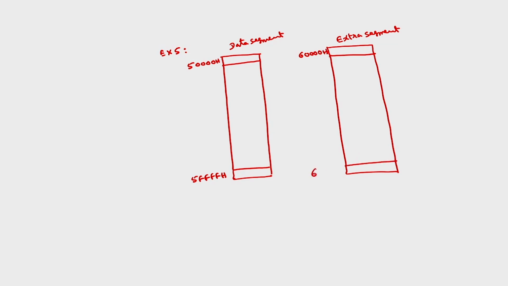and this ends at 6FFFFH. You take an offset of some 1000 here, and an offset of some 2000 here. You compare 50 words, nothing but 100 bytes, but I am comparing as a whole word itself.